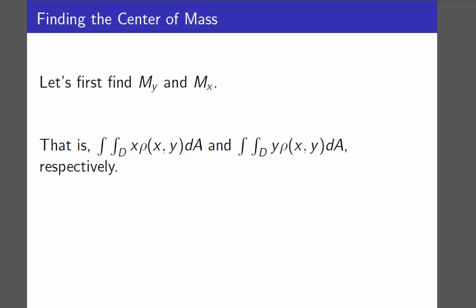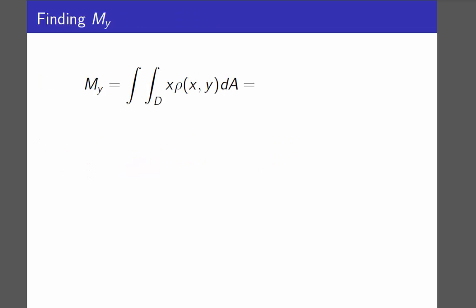That is, we need to find the double integral over the region D of x times the rho function and the double integral over the region D of y times the rho function. So the moment with respect to y is equal to the double integral over the region D of x times rho, in which our limits of integration are the exact same as they were in the mass calculation.